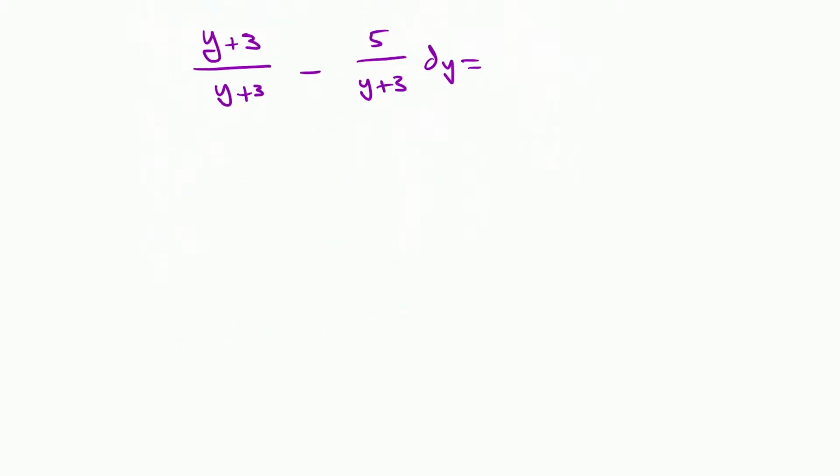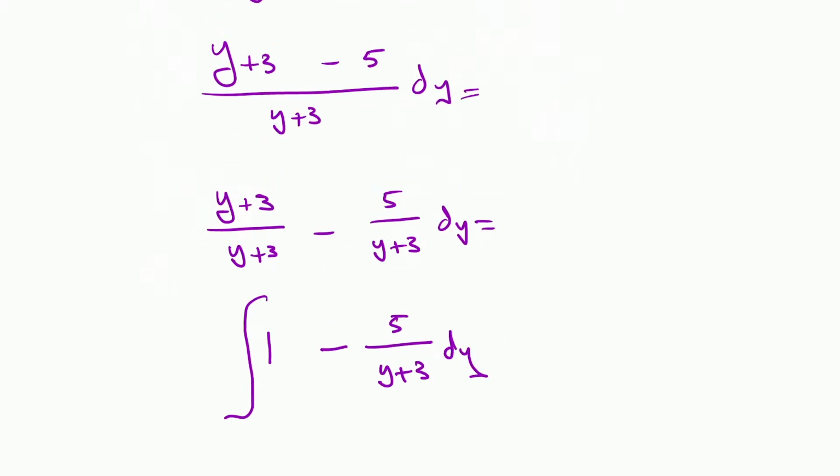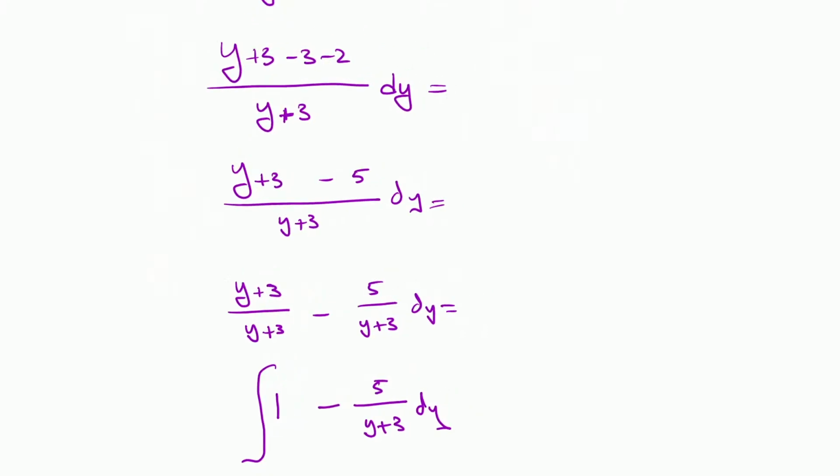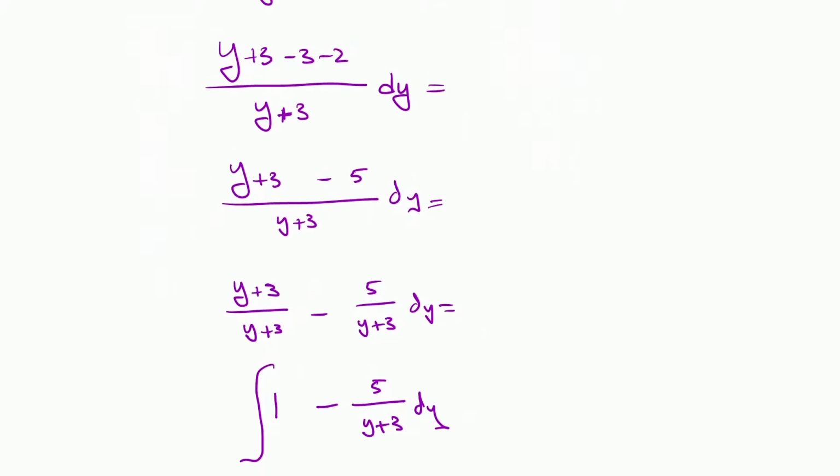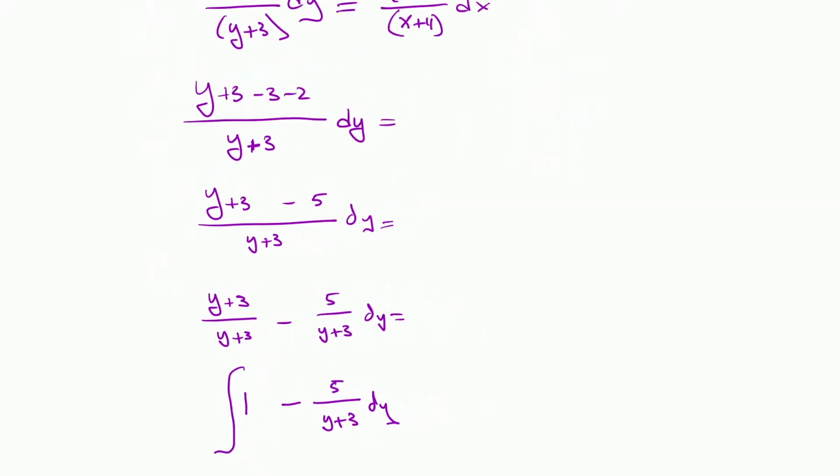So then this is going to be 1 minus 5 over y plus 3, and you can all integrate that. Don't worry, I'll do it for you, but hopefully you can. So let me back up, because that might have felt like magic, but there's no hidden card. I'm not doing any sleight of hand. The only thing that is at all tricky is this little algebraic trick that mathematicians are famous for, and that is you can add and subtract a number with impunity.